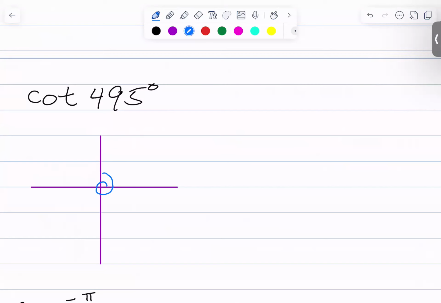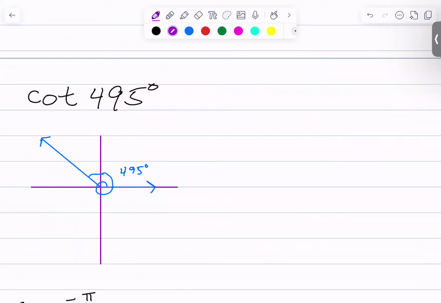That was actually another 45 degrees. So there's my angle, right? In standard position, right? So that is 495 degrees.